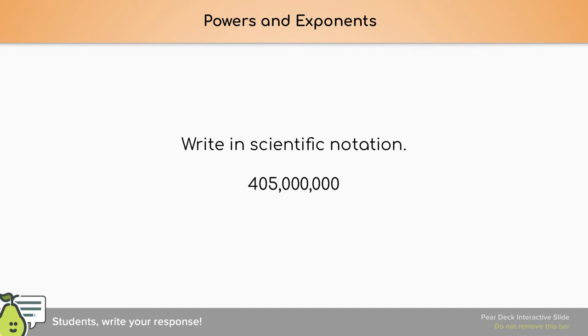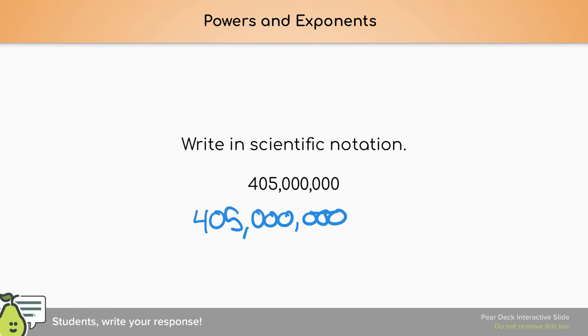So if I had an example right here, and it was 405 million, I want to write this number in scientific notation. So I'm going to rewrite the number 405,000,000. Now, our first step is we are going to move the decimal in order to get a number at least 1 but less than 10.